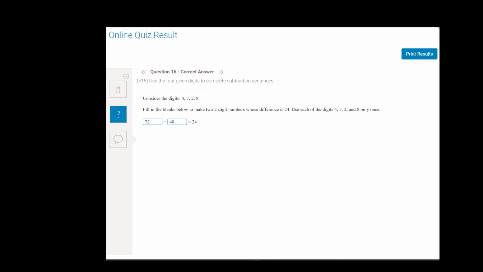We'll try 82 and 47. 82 and 47 will make 45, which is wrong. 72 and 48. Six, and then add that 4, 2. It's correct.